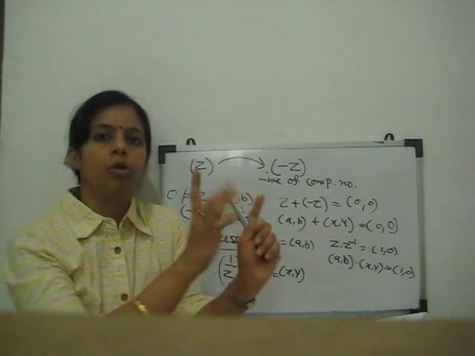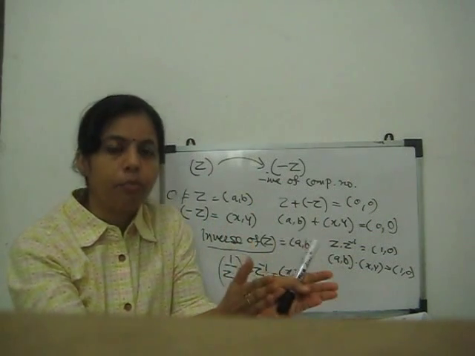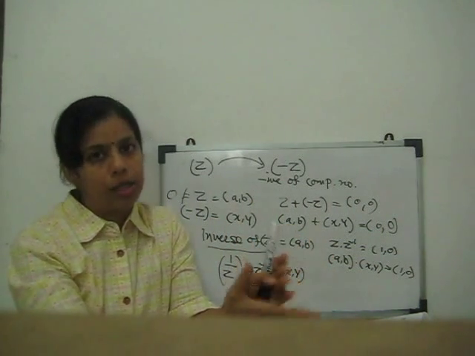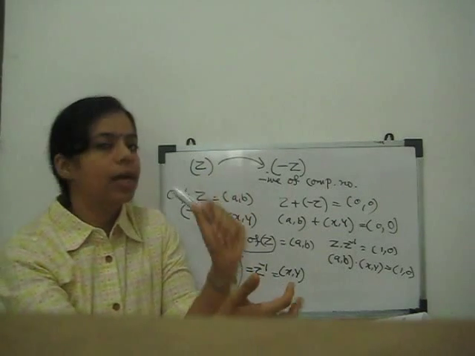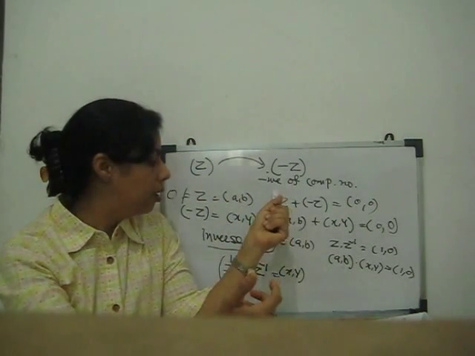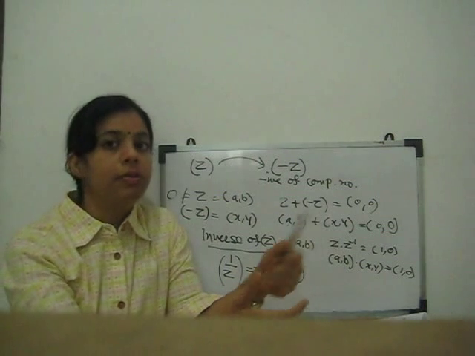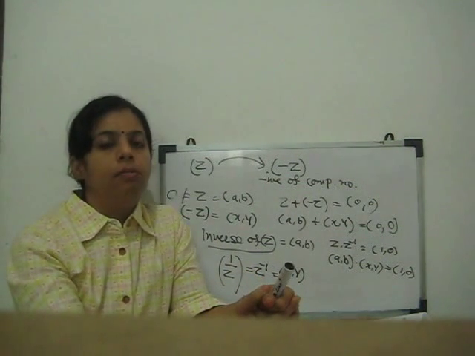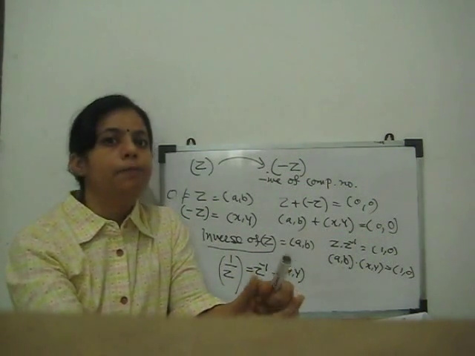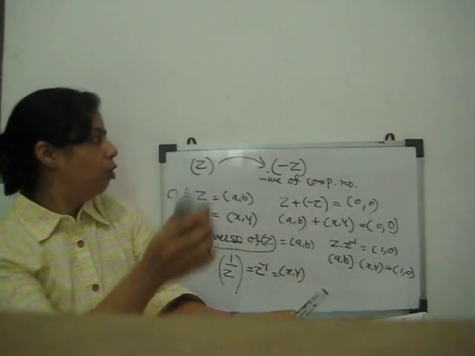Now we talk about the difference, subtraction, and quotient, division, because without the negative of a real number or complex number, and without the inverse, we cannot talk about multiplication, division, and subtraction. So now we go for subtraction.